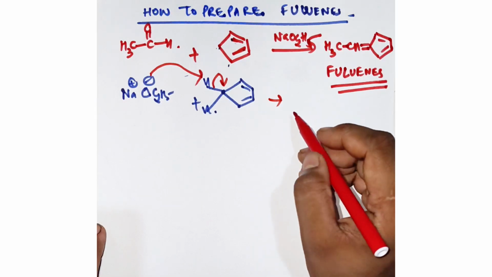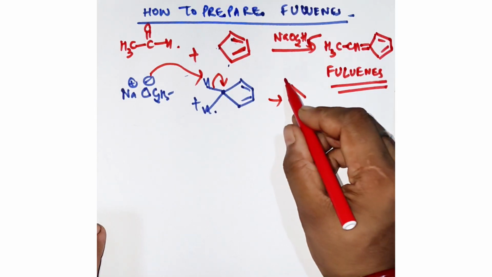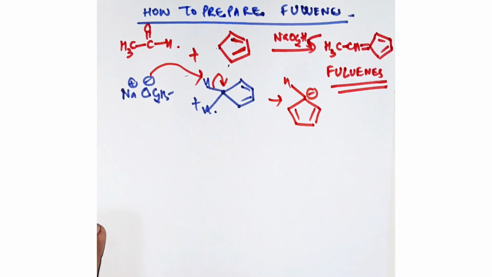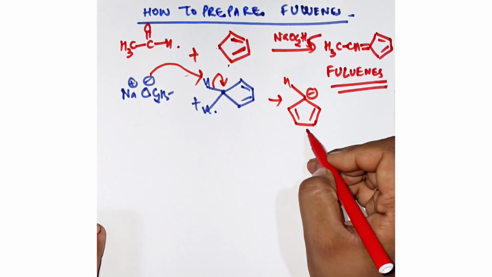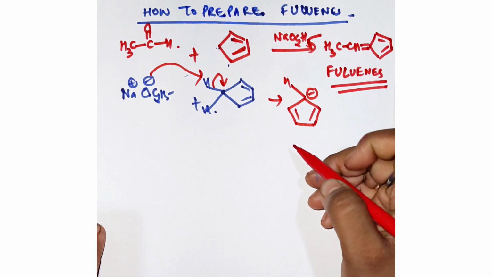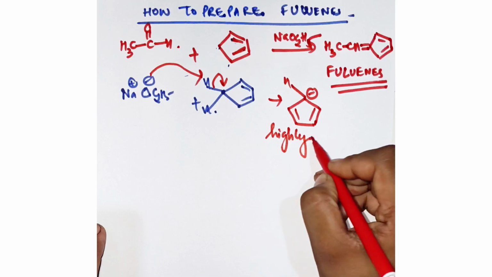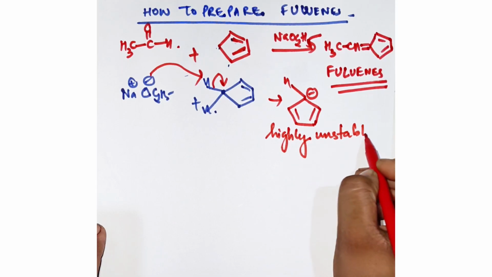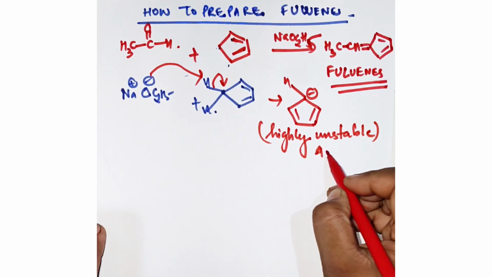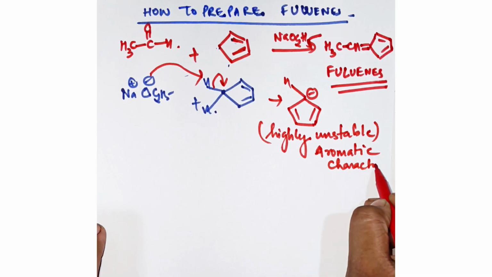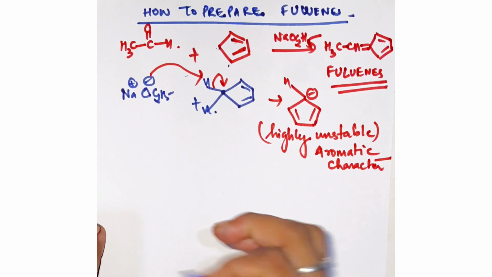Okay, so what you are going to get is this carbanion right now. This is a highly unstable carbanion because of its aromatic character. So now this is going to react.